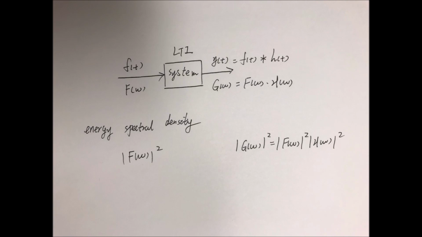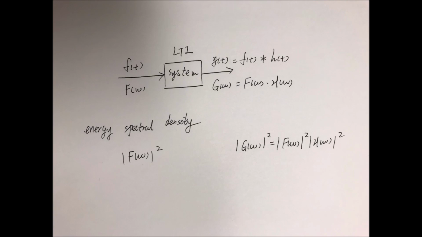In frequency, we have F(omega), G(omega), and a much easier relationship: the output signal's Fourier transform is the input signal's Fourier transform times the frequency response. Those are Fourier transforms, so H(omega) is the Fourier transform of your impulse response.